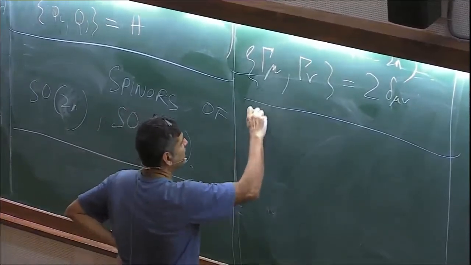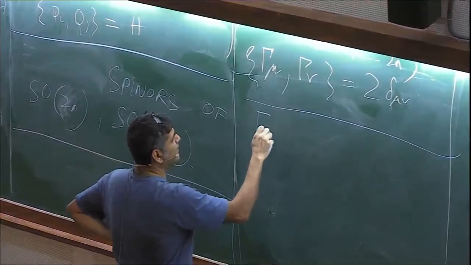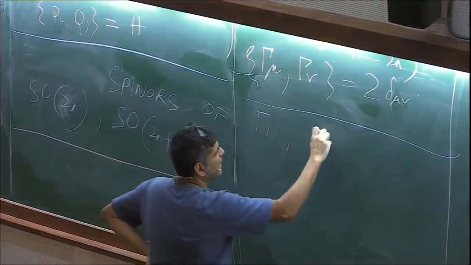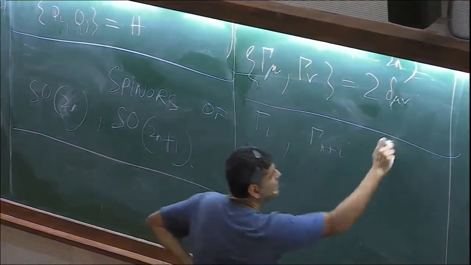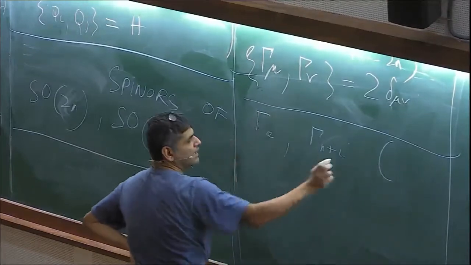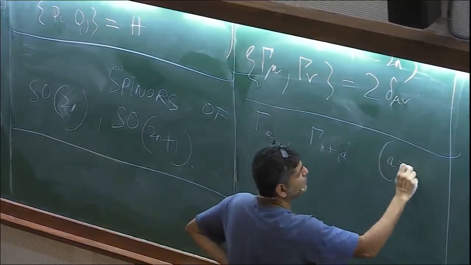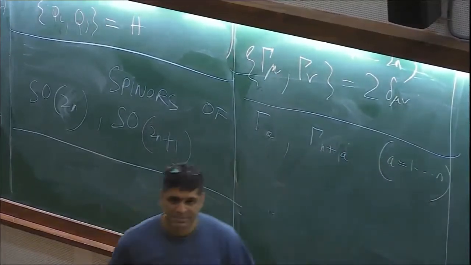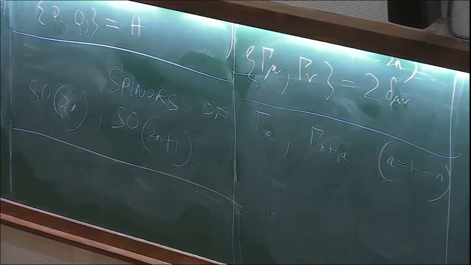What I do is to break up these gammas into gamma A and gamma n plus A, A is equal to 1 to n. So I've taken half the gamma matrices, gamma 1 to n, and the other half of the gamma matrices is gamma n plus 1 to 2n.